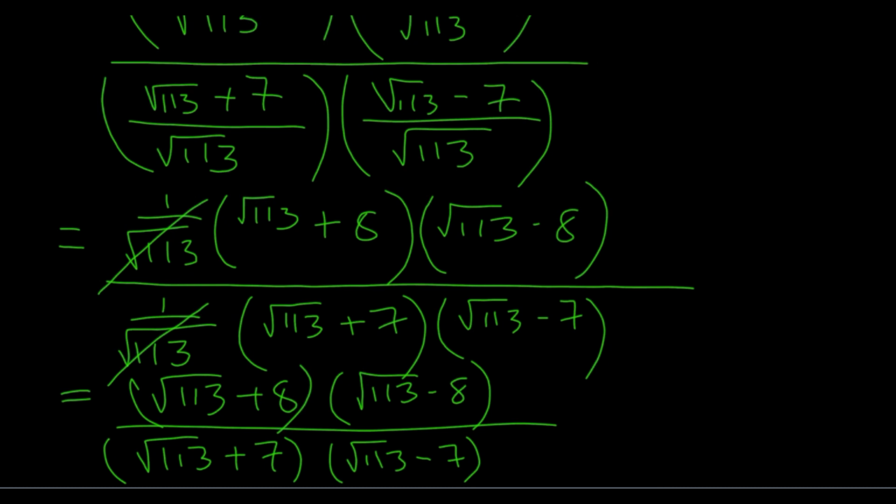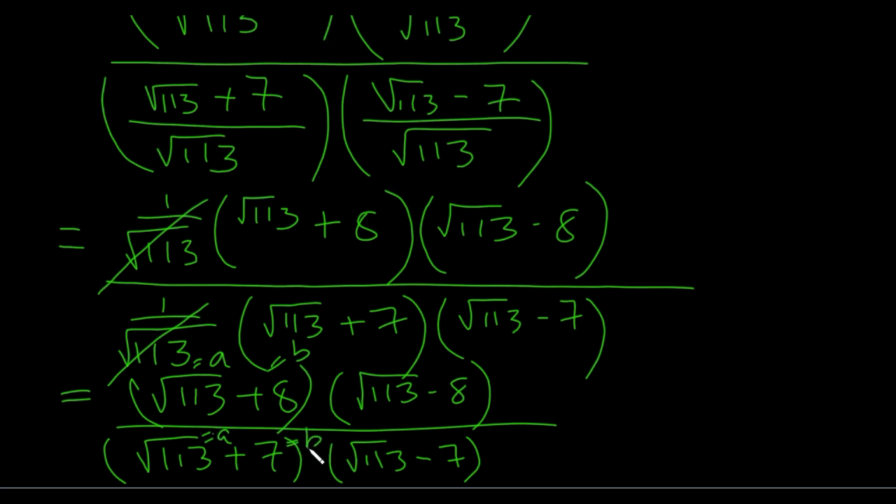The equation we have got is similar to the formula (a plus b)(a minus b) equal to a square minus b square. Considering root 113 as a in the numerator and 8 as b, and in the denominator root 113 is again a and 7 is b.